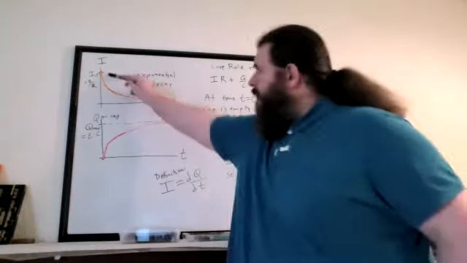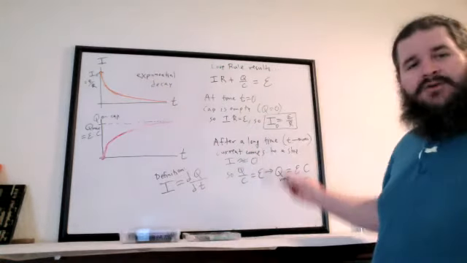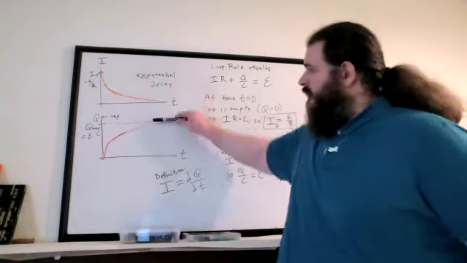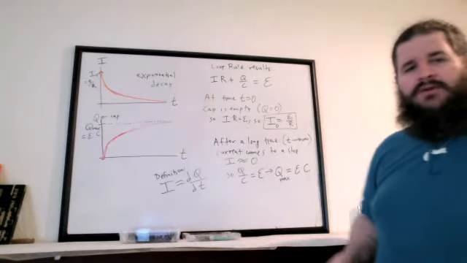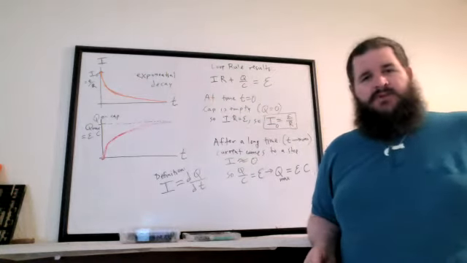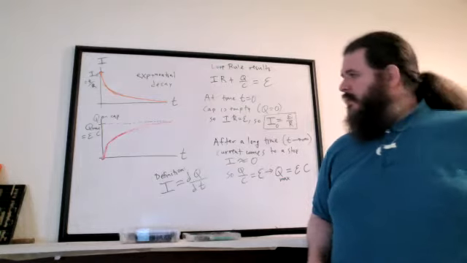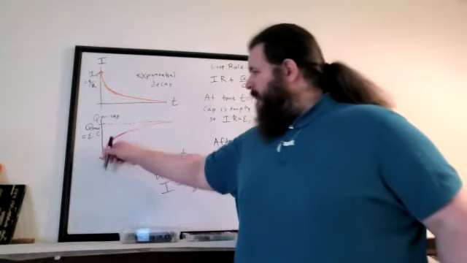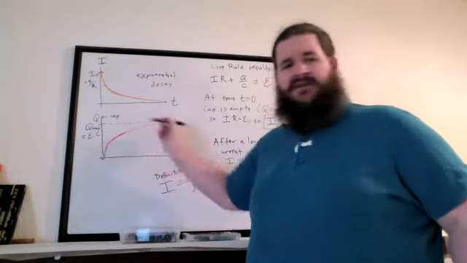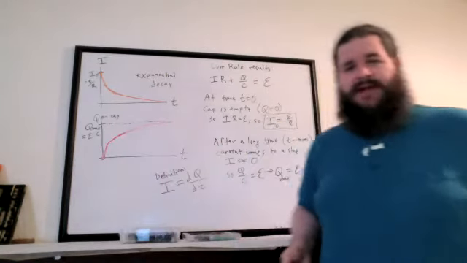That tells you a starting point. And what's going on after a long time. That tells you the asymptote that it's going to approach. If you know the starting value and the asymptote it's going to approach, then you already know most of what you need to know about the graph. All you really need to know beyond that is how fast it approaches the asymptote, using the idea of half-life or time constant.